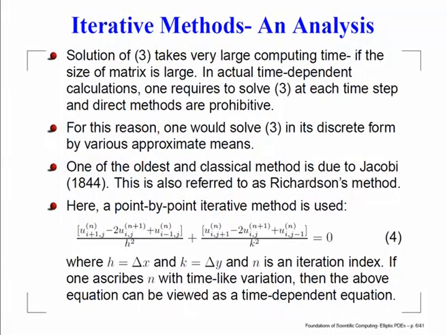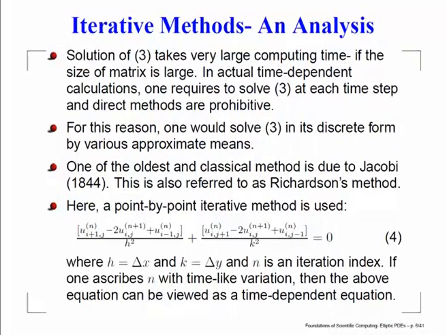Now, that was the motivation behind developing various approximate means, and let me start with the oldest and the classical method due to Jacobi. Later on Richardson also used the same method, maybe he popularized it. So, it is also called the Richardson method, and what we do here, let us say we are solving Laplace's equation with unequal delta x and delta y given by h and k.